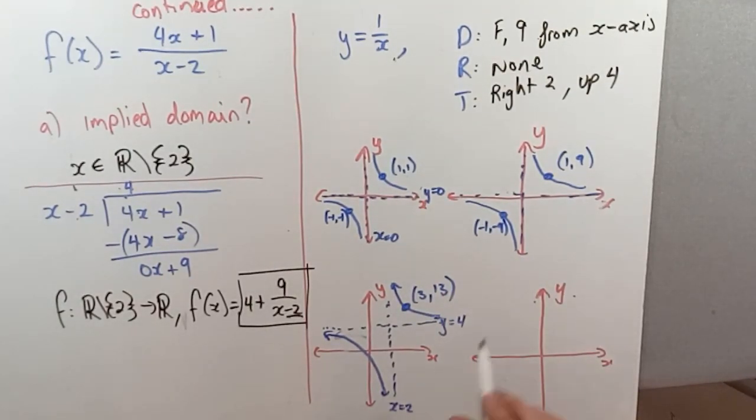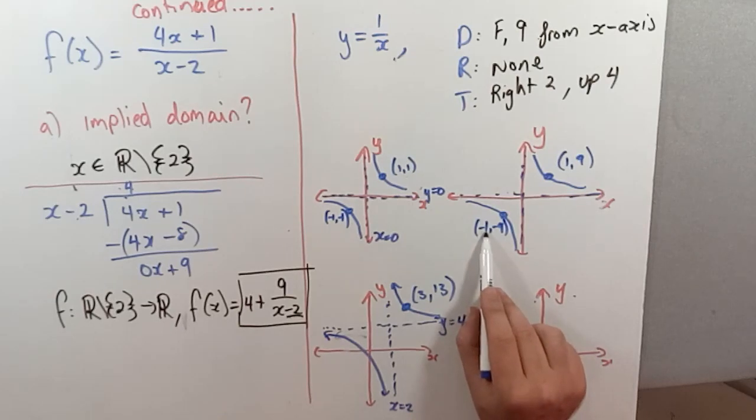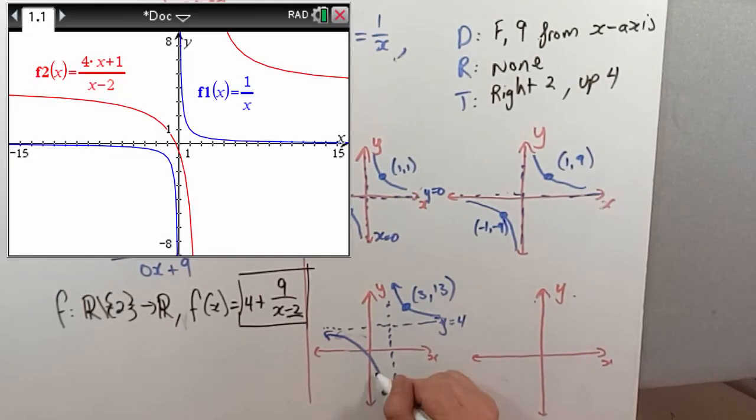And then this point, right 2 and up 4, so we're going to go to (1, -5).